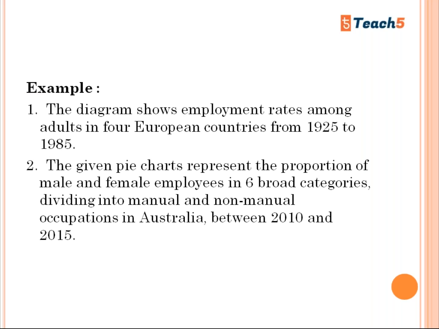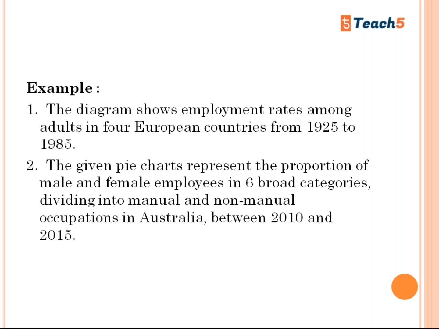Let's look at some examples. What is the starting line of some of the examples? The diagram shows employment rates among adults in 4 European countries from 1925 to 1985. This is a perfect starting line. We will also look at how to start body paragraphs in the next videos. In the next video, we'll explain the proper structure of how Teach5 takes you professionally, logically and systematically to get a good score.